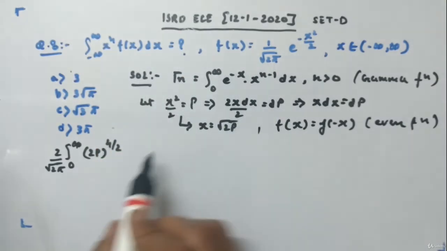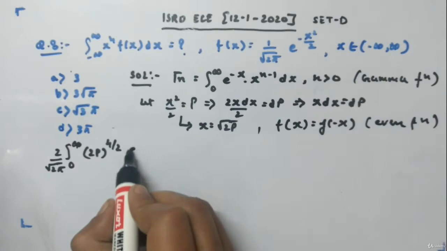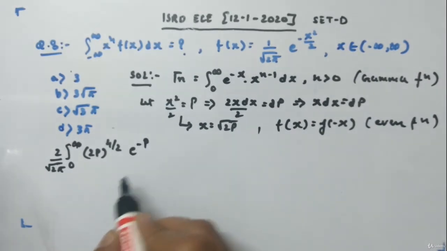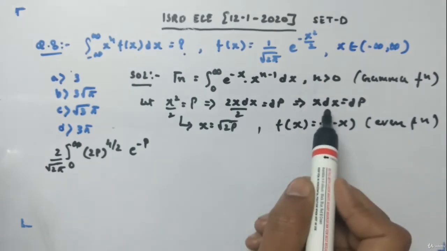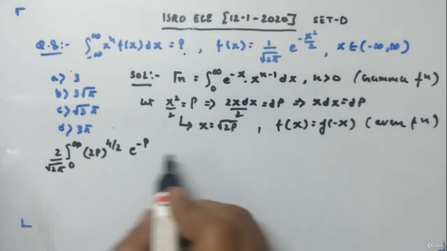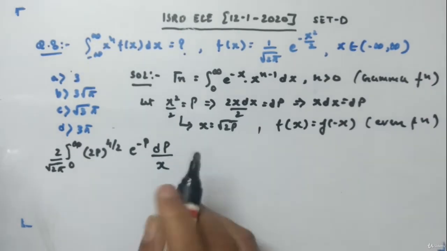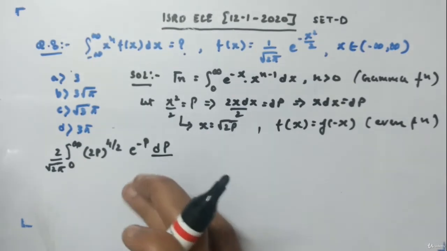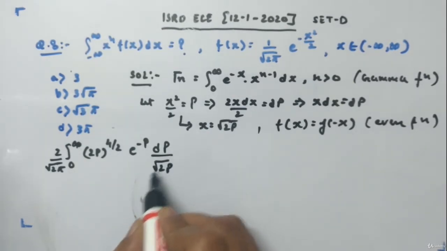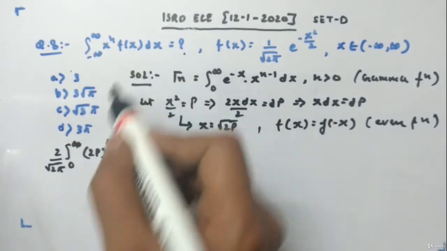Now we want f(x), with 1 by under root 2 pi taken common, e to the power minus p. Since x square by 2 is p, and dx is dp, dx will be dp by x. Now x I can again write as under root 2p. So this integral will look like this.